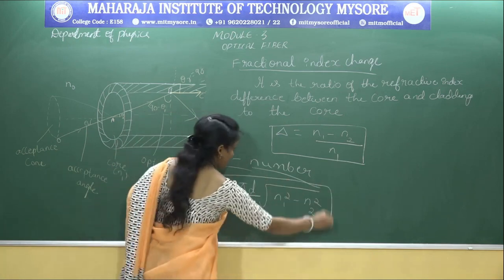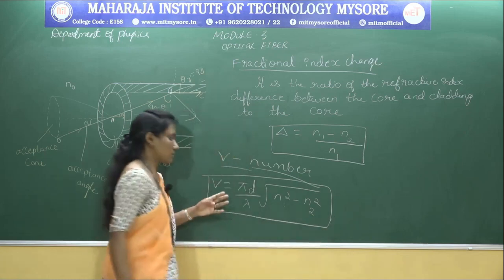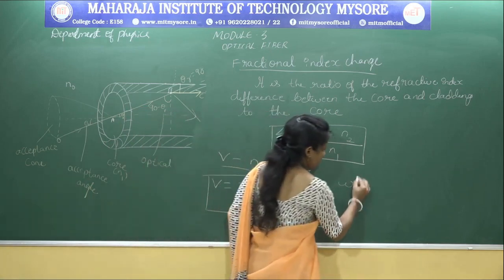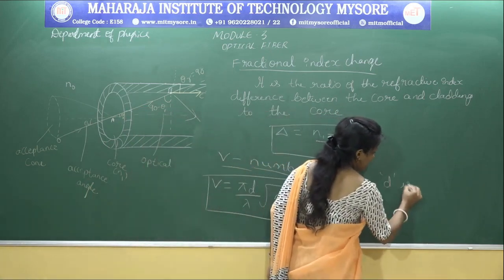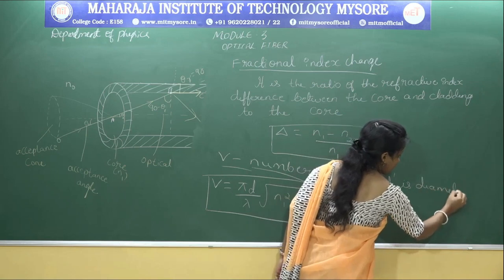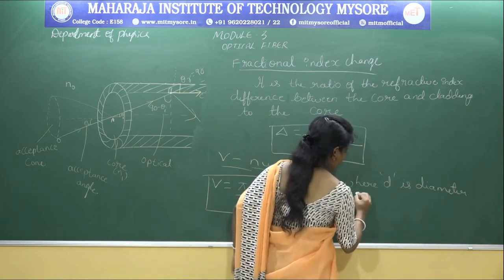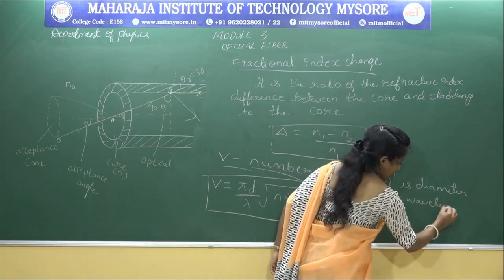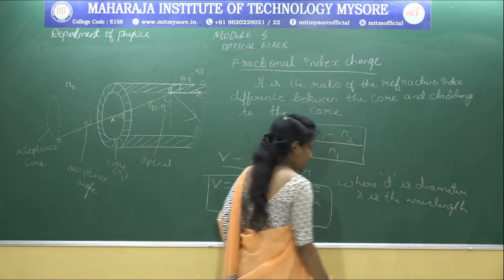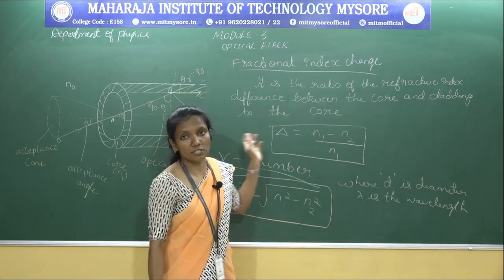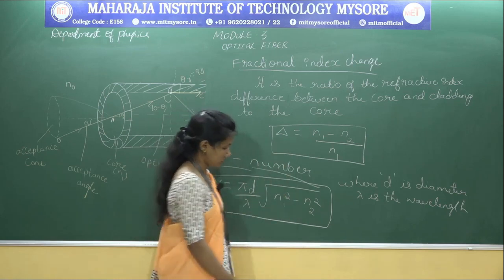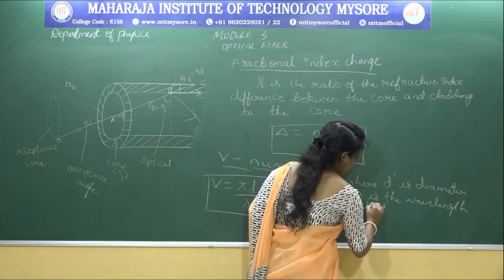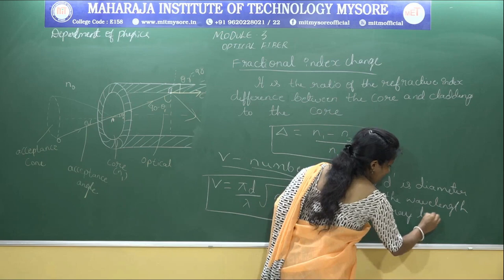This is the formula for the V number, where d is the diameter, and lambda is the wavelength of the light ray which is travelling inside the optical fiber.